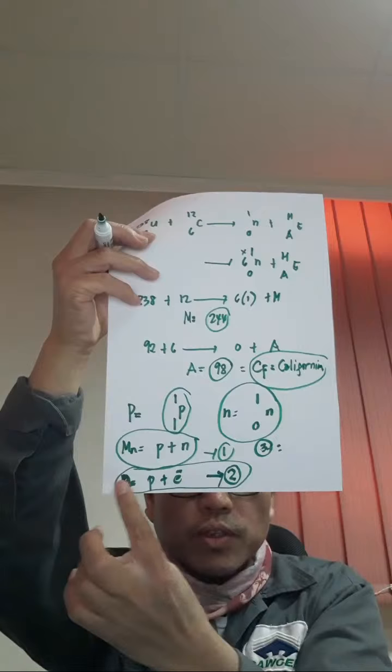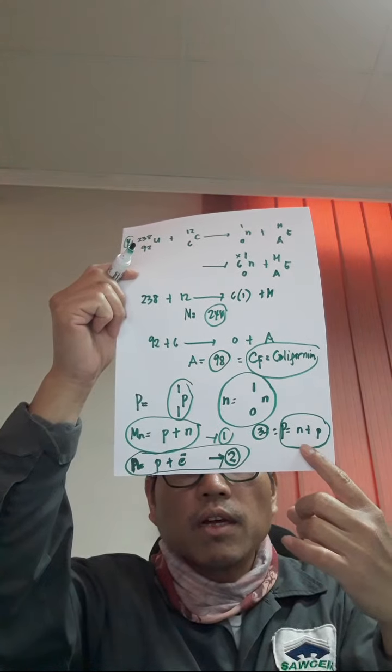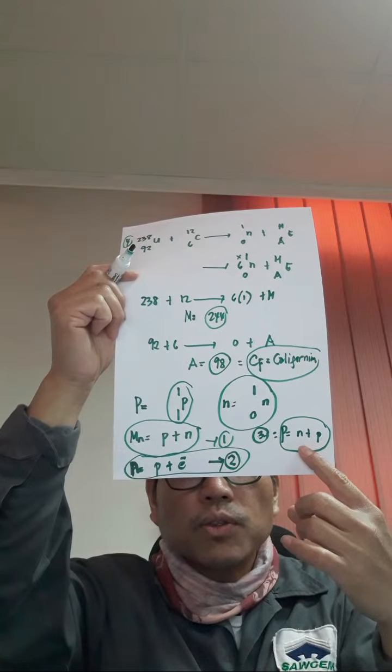Proton is equal to neutron plus positron. Positron is the small letter p.